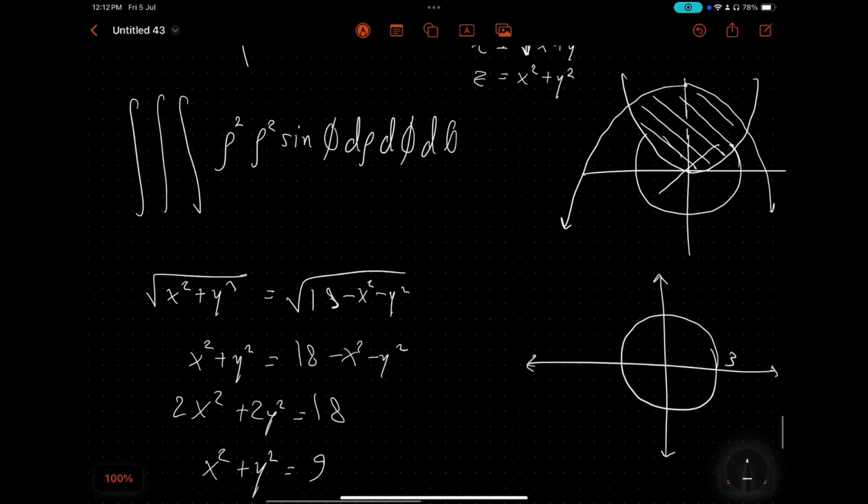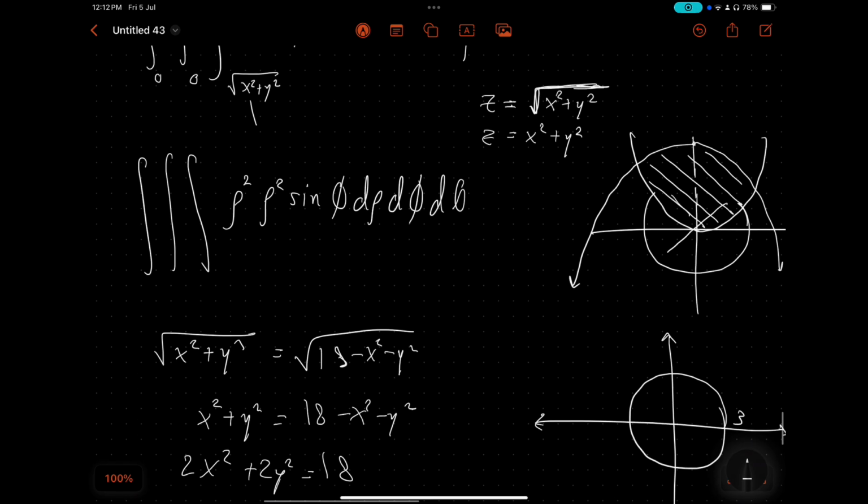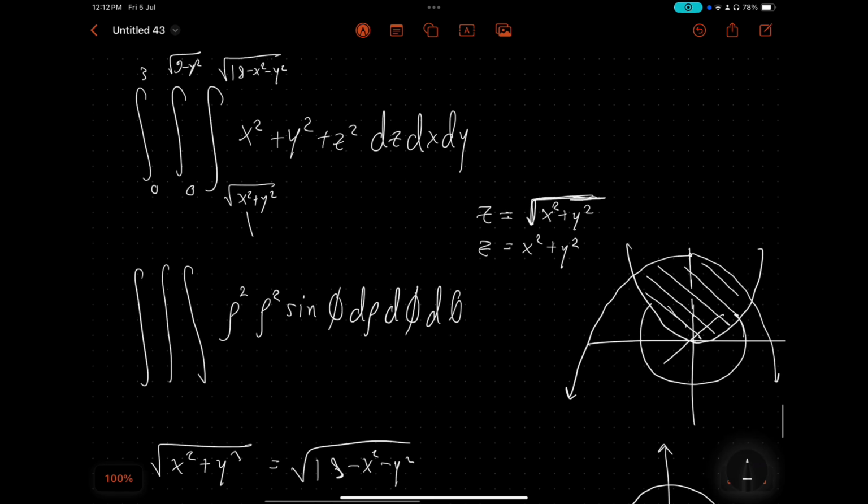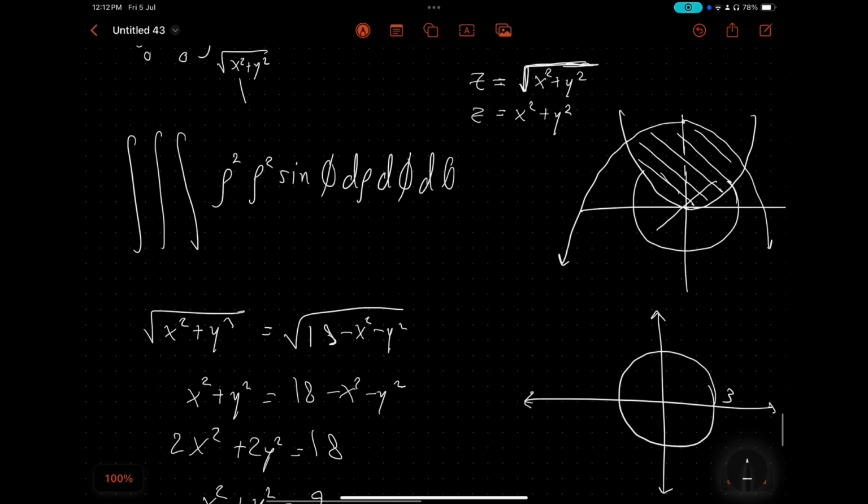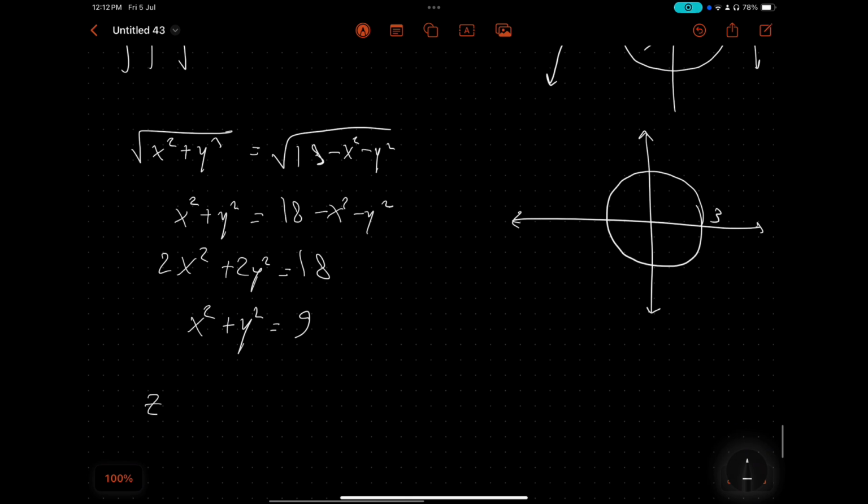Now, as for phi, we need to find phi. So we're going to use z equals the square root of x squared plus y squared, and then take z squared.